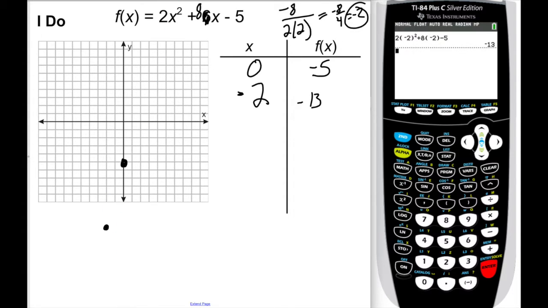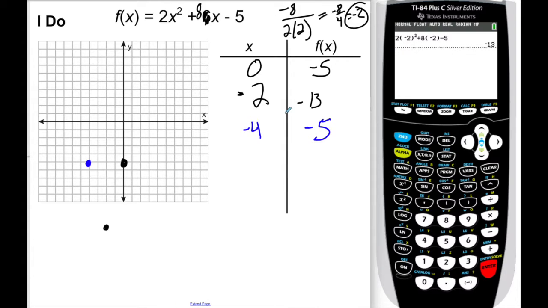And I know that if I have a point on the graph, its mirror image will always be a point on the graph. In this case, it is negative 4, because negative 4 and 0 are both 2 away from negative 2. So their y's are automatically the same. Again, if you don't believe me, put it in.